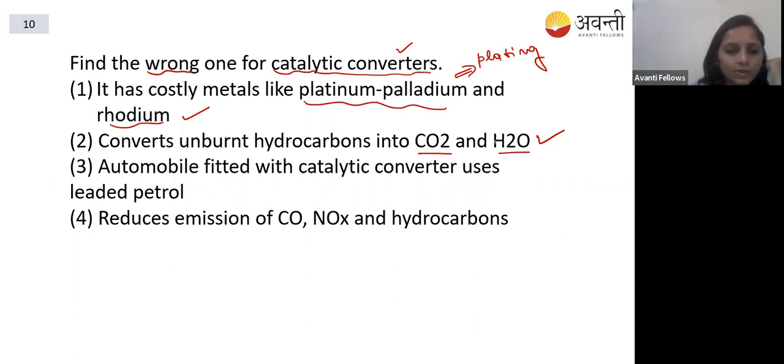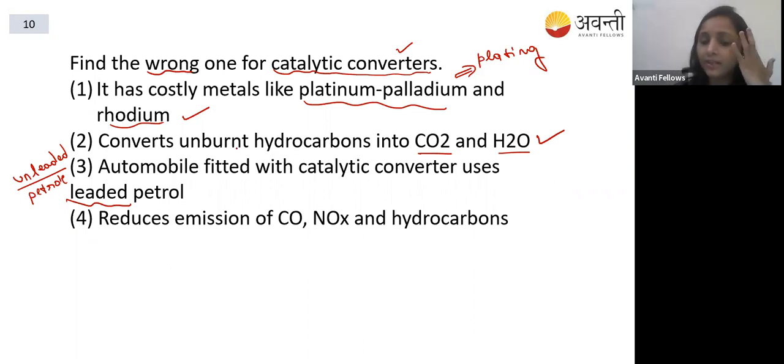Then coming to the third option: automobile fitted with catalytic converter uses leaded petrol. No, guys. You should use unleaded petrol, because if we use leaded petrol it will spoil the catalytic converter.